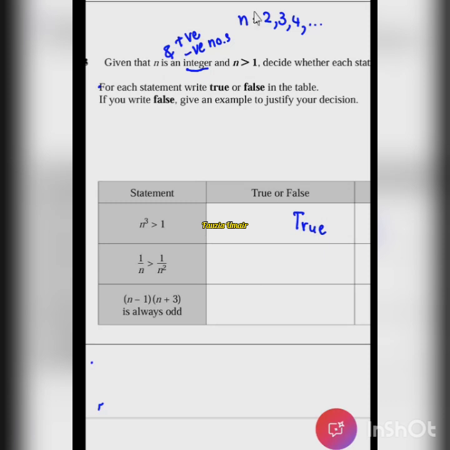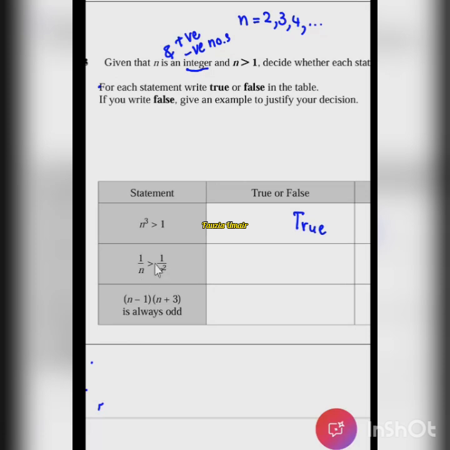These are the values n can have. Yes, then it's false? Is it true or false? It is true.